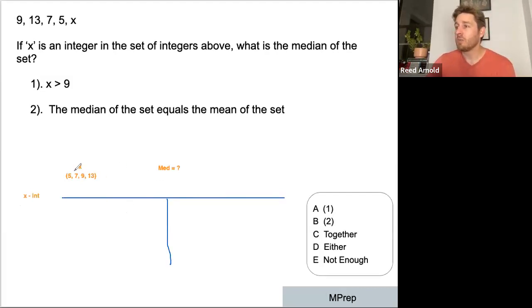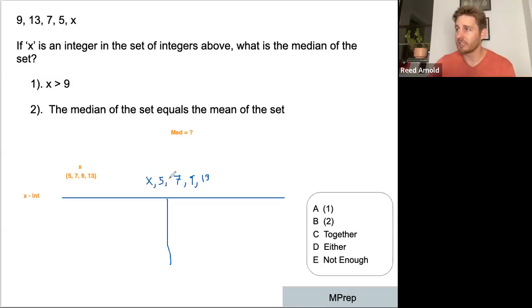We want to know the median. Well, I actually think this is a good example also of a time where we might do a little pre-phrasing. Let's think about where X could be and what the medians could be, right? I could put X to the left of 7.